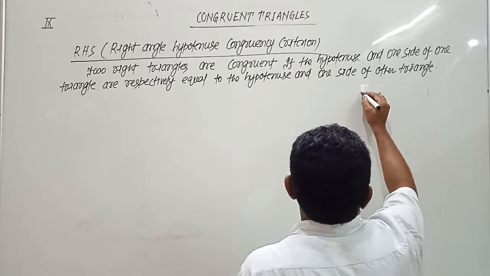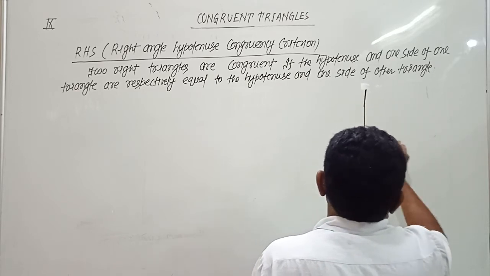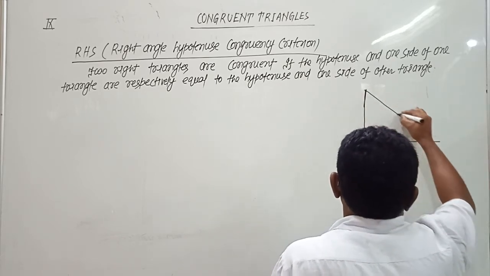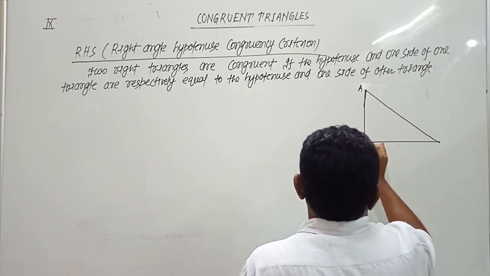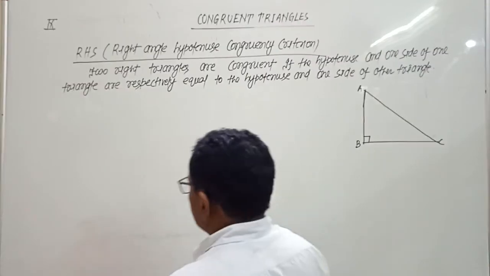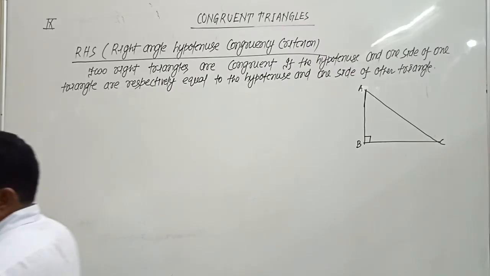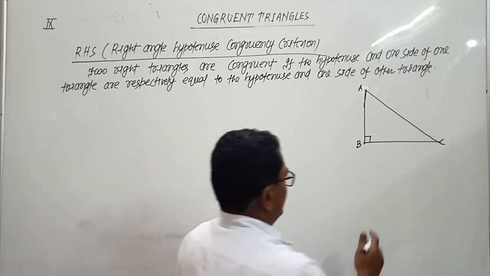Let there be a triangle ABC, right angle at B, and there is another triangle DEF.